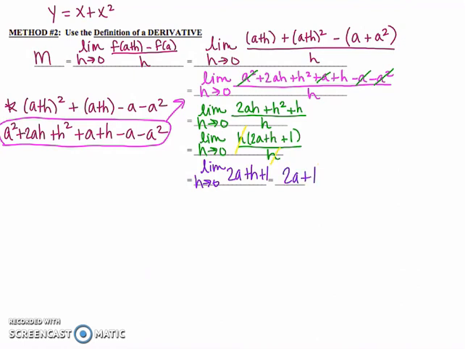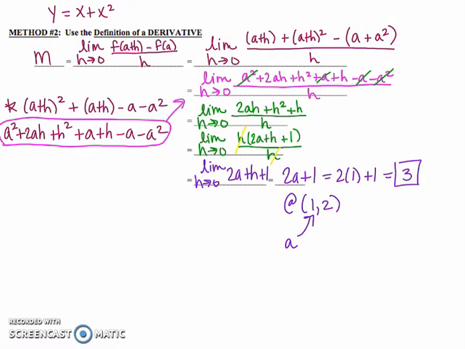And now the last step would be at the point. What was our point again? Our point was 1, 2, which remember, our a value is 1, right? So this becomes 2 times 1 plus 1, which is 2 plus 1 is 3, okay?